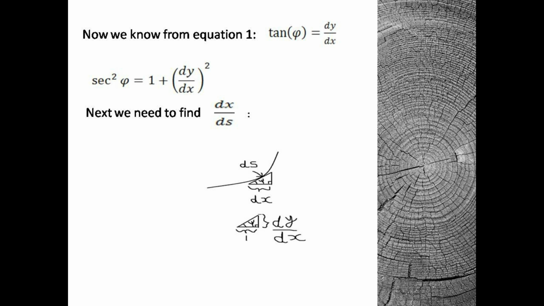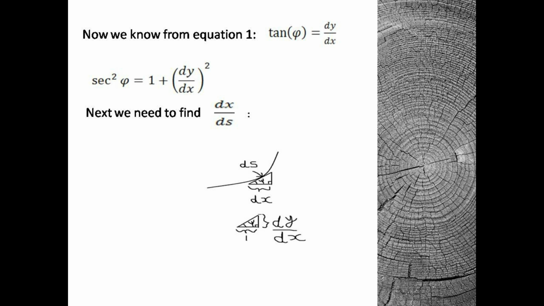If we notice carefully, we will see that psi is the angle made by the tangent to the curve at the point from where we moved a distance ds along the curve. Therefore, we get dx over ds is equal to cosine of psi.